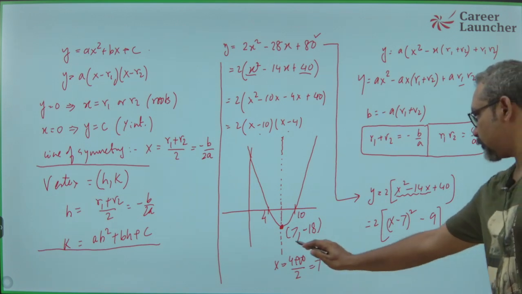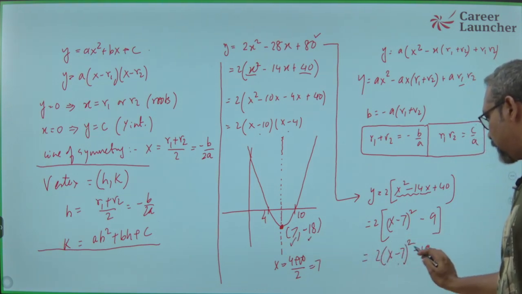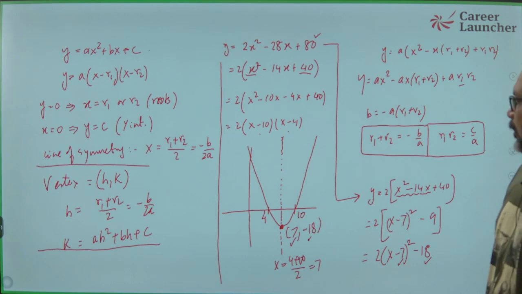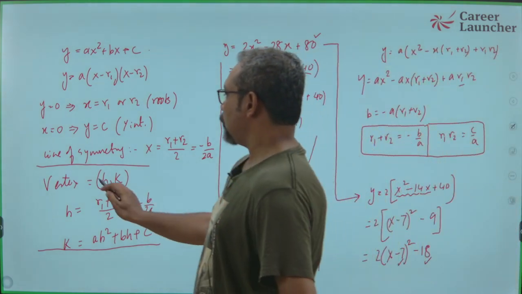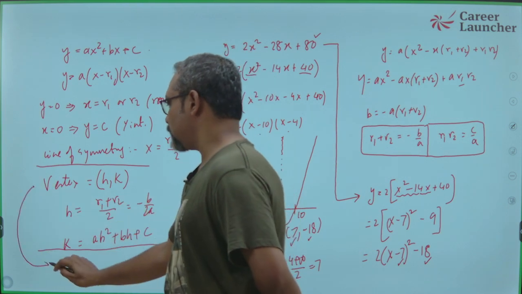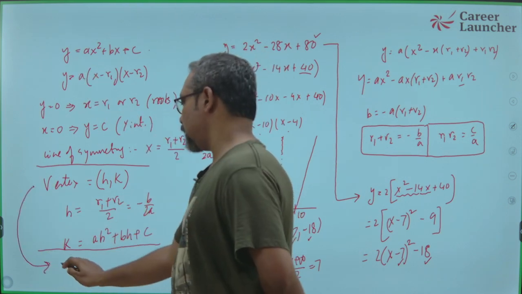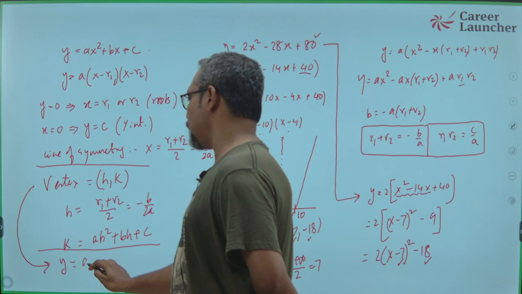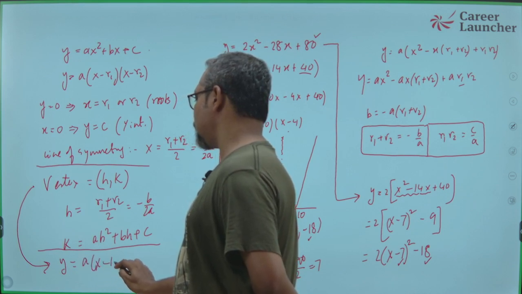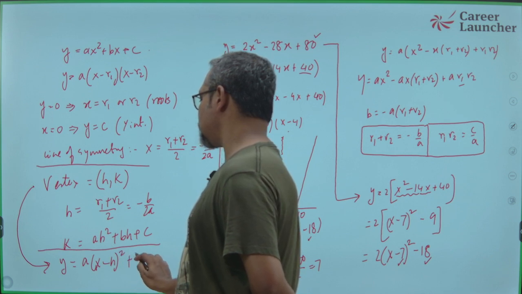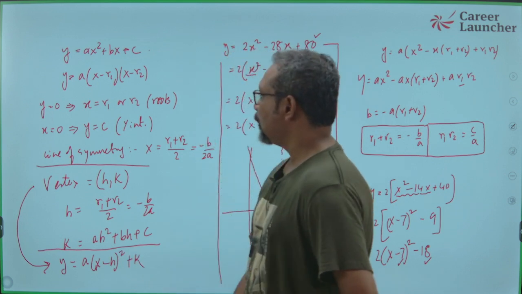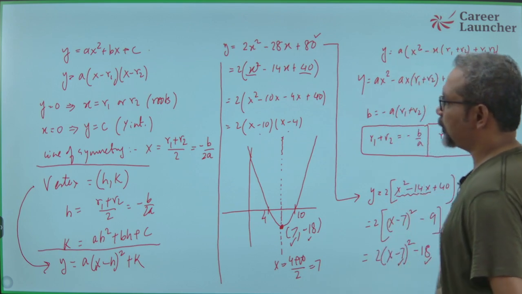So we will have 2 times x minus 7 whole squared minus 18. Observe the 7 and the minus 18 are here. So that means if I know my vertex, in terms of the vertex I can rewrite this equation as y equals a times x minus h whole squared plus k. So these are the important properties. What are the properties?